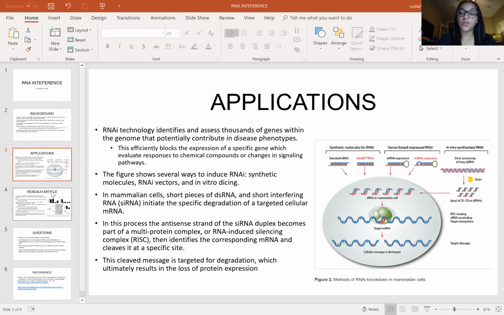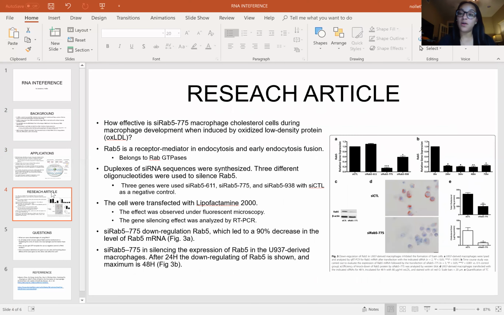Next is the research article that I found. It basically focuses on foam cells and their role in atherosclerosis, which is a buildup of fat and cholesterol in and on the artery vessels.